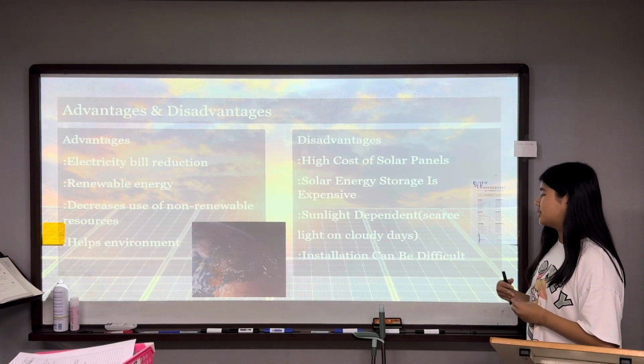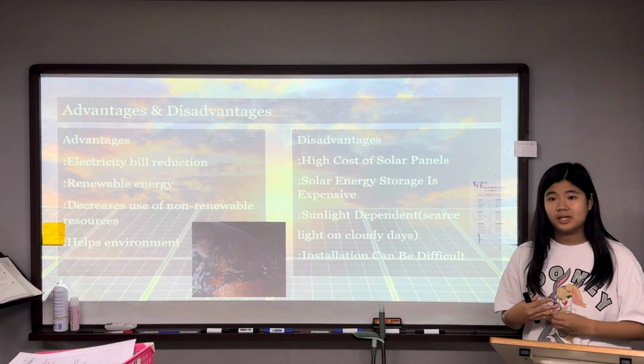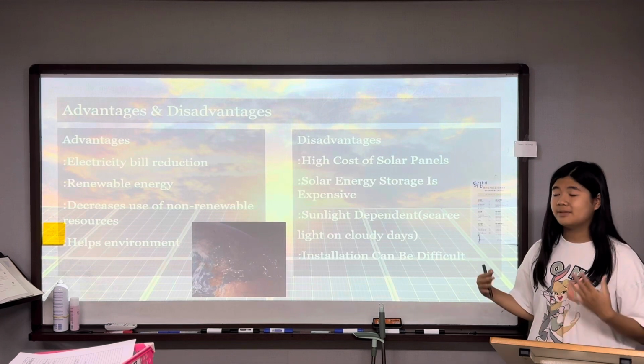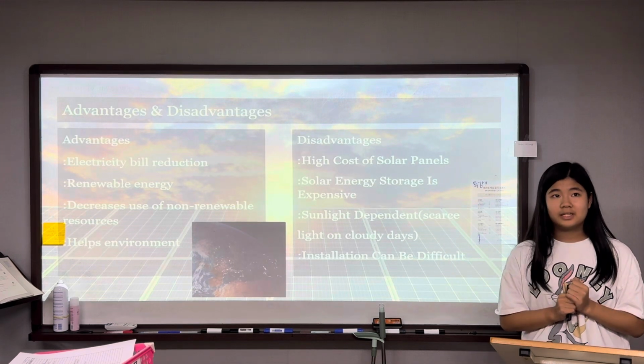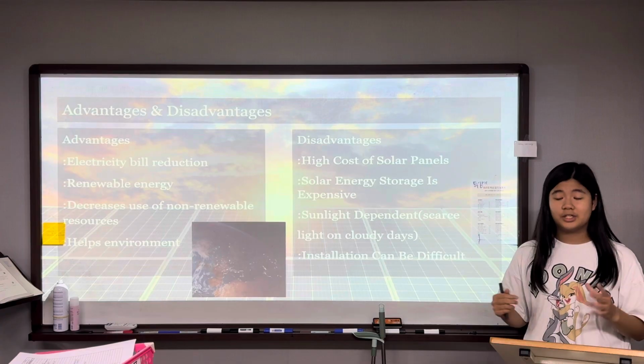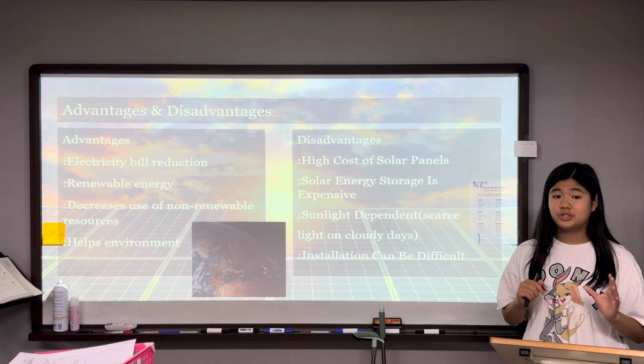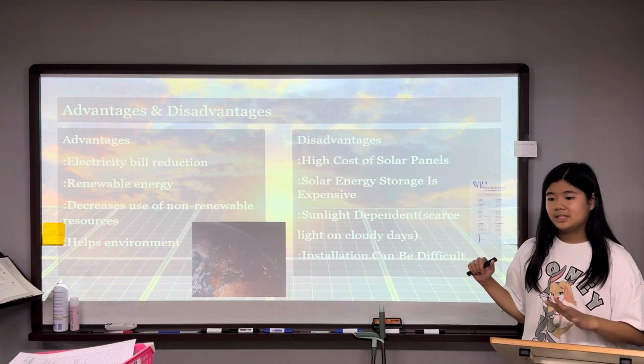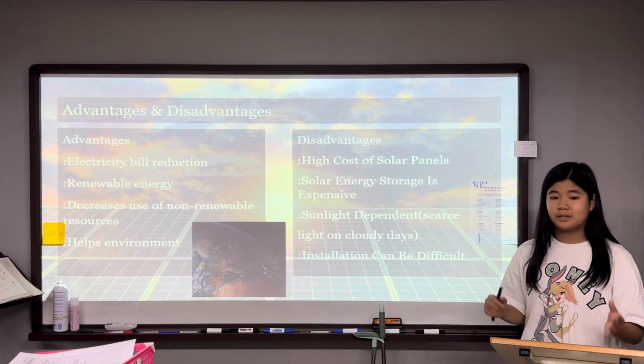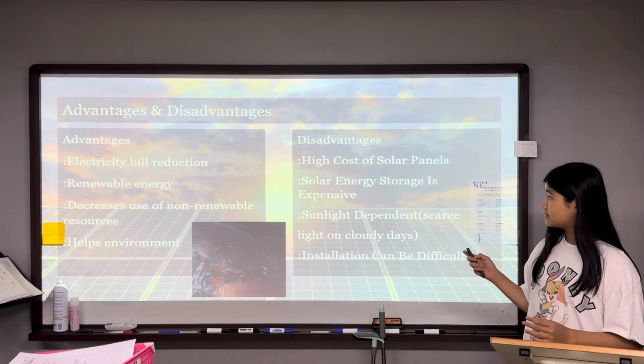Also, installation of the solar panels might be very difficult. In addition, I didn't mention here, but using solar energy might be a paradox, because sometimes people cut down all the trees on the mountains to install solar panels, so actually it might be bad for the environment.